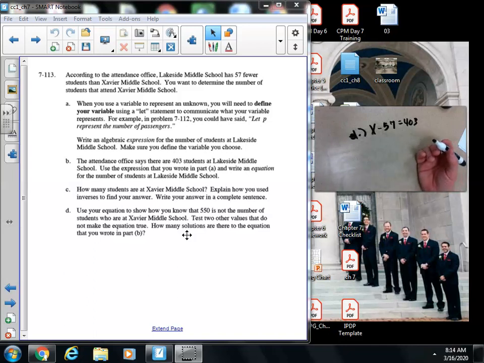For example, they're really asking us, does 550, if we replace it with our variable, give us 403? The answer would be no. 550 minus 57 is 493. And that does not equal 403. Therefore, 550 cannot be a correct answer.